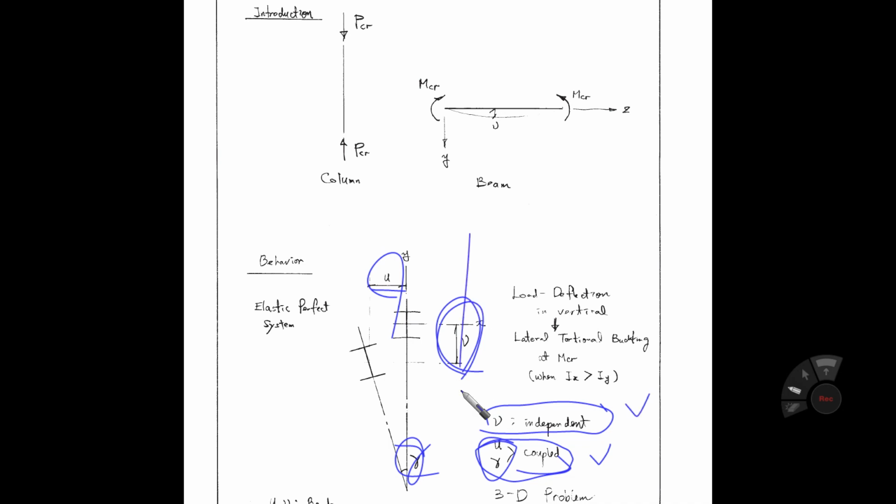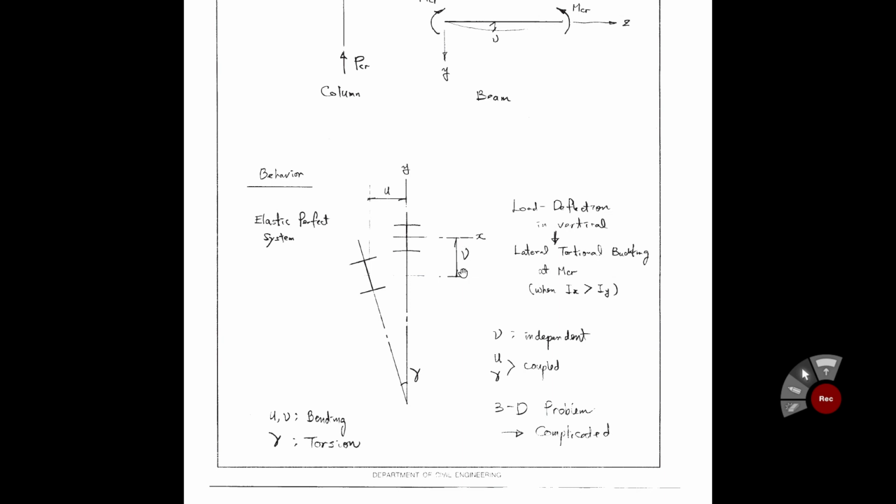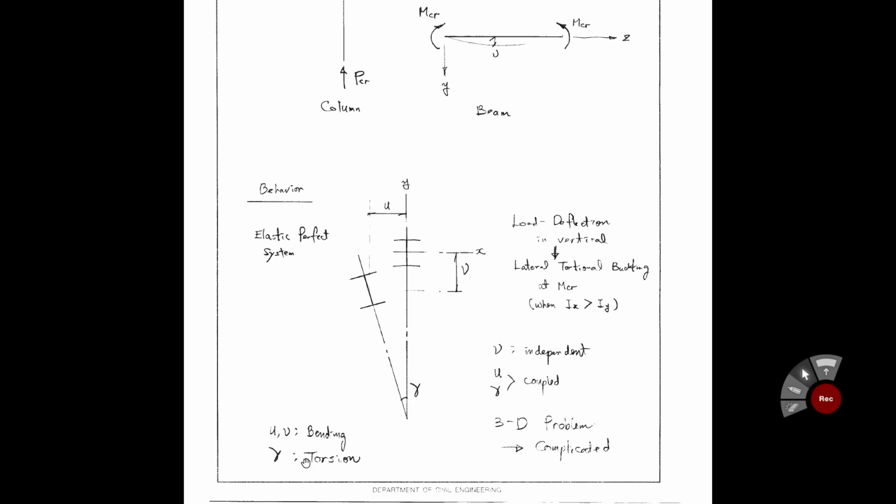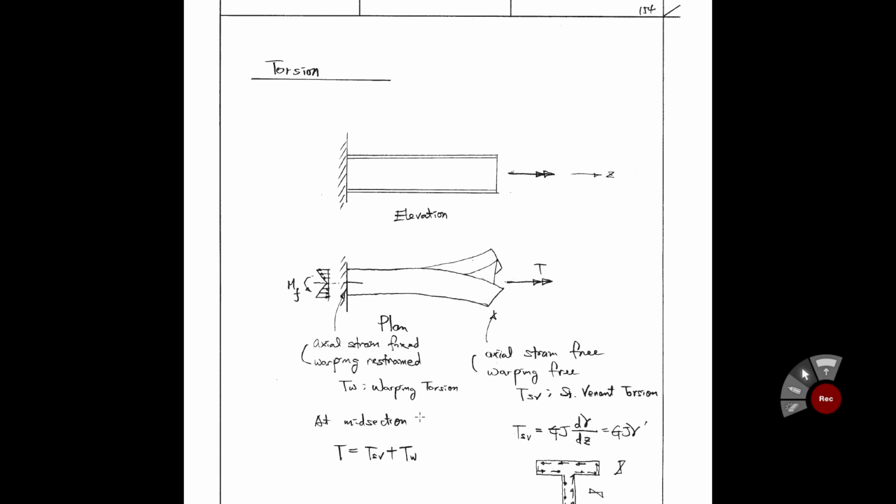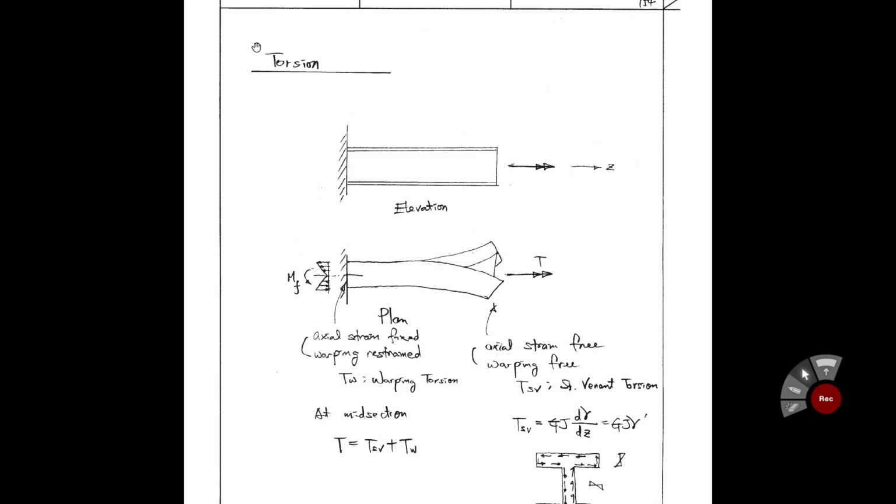Because the vertical direction is a load-deflection problem, independent from lateral torsional buckling. So as I mentioned, it is a 3D problem. U and V are bending deformation. This gamma is the torsional angle, torsional deformation. Because gamma is torsional behavior, we have to look at torsion first.